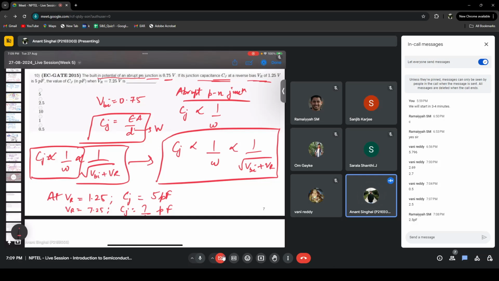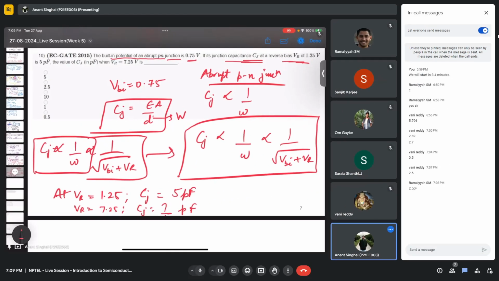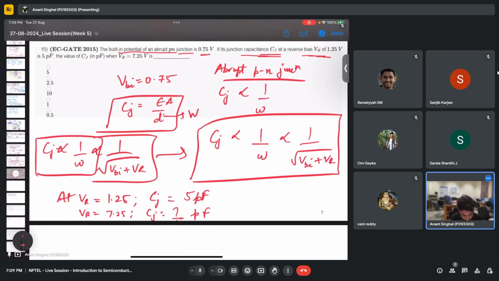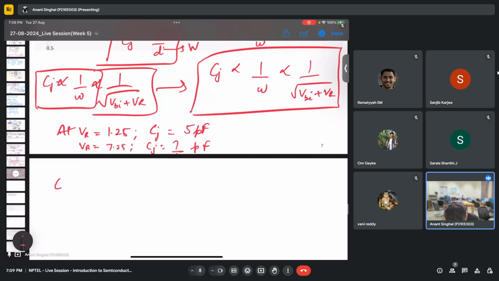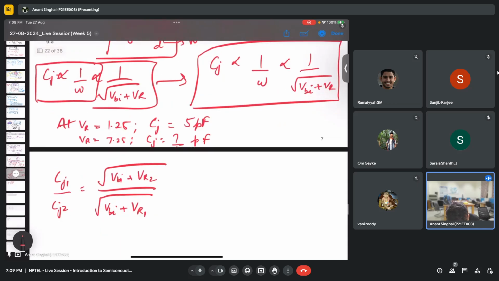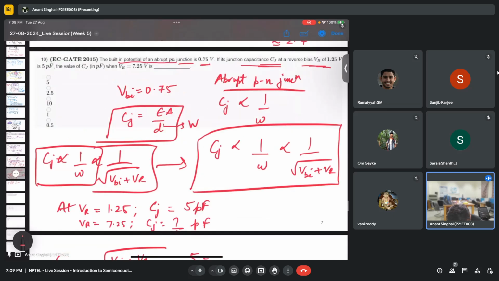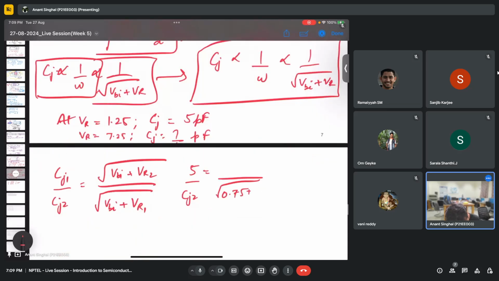Okay, so let me try to solve it now. I am denoting one as CJ1 and one as CJ2. So this is inversely proportional to the square root of VBI plus VR1 and VBI plus VR2. At VR1, CJ1 is 5. VBI was 0.75 plus VR1, 1.25.